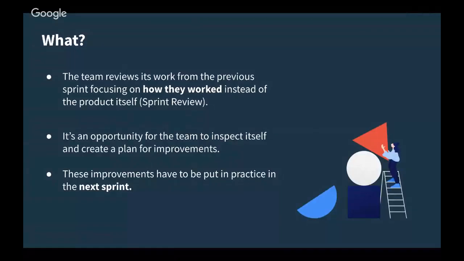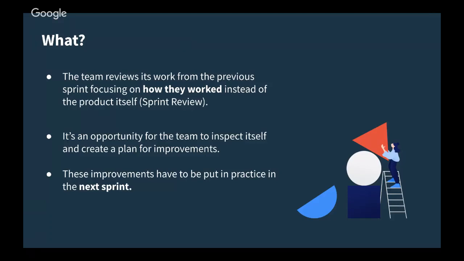What's a retrospective? It's a meeting where the team reviews how they worked in the previous sprint. And it's focused on the how and not on the what, which is another of the Scrum ceremonies, the sprint review.